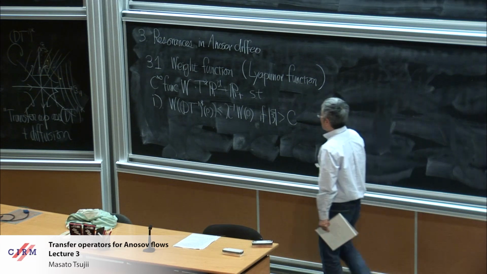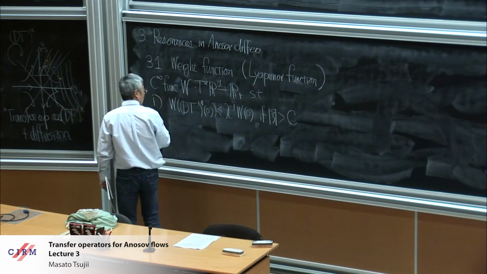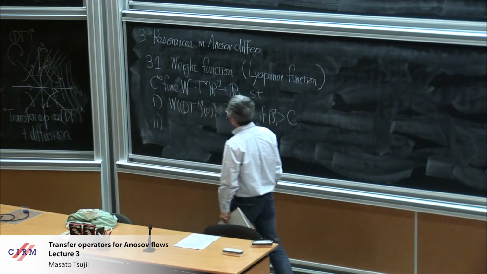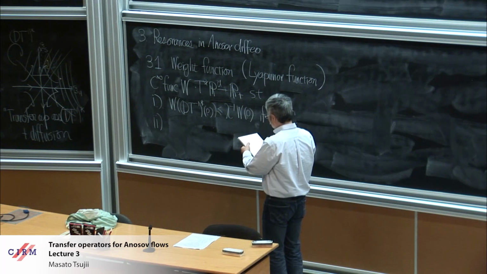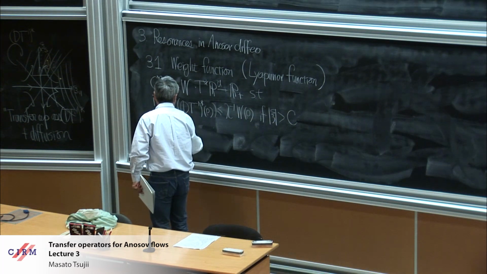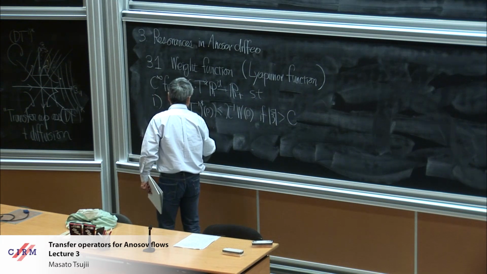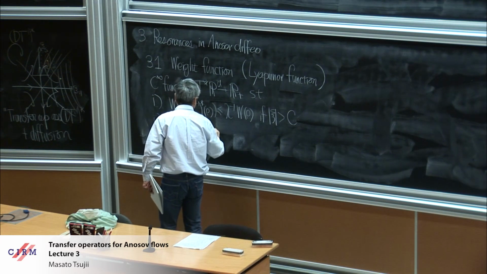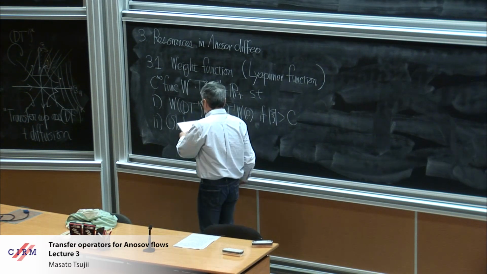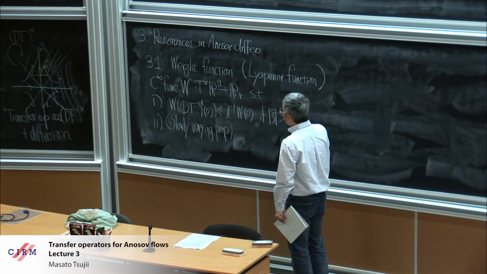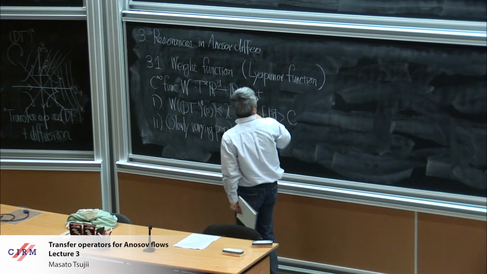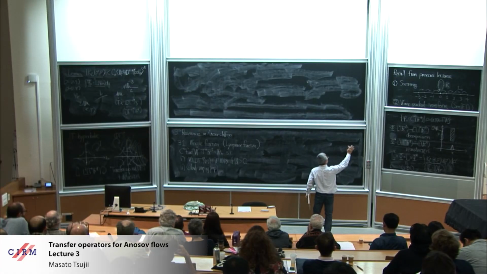The other thing is necessary for some estimates, and this is called the slowly varying property. It basically implies that in a logarithmic sense, this function does not change very much on the scale of the metric.